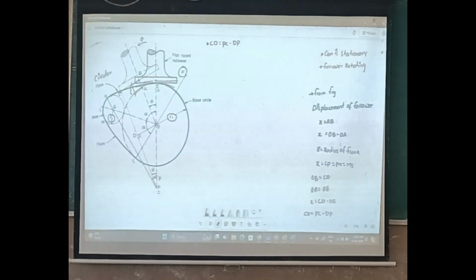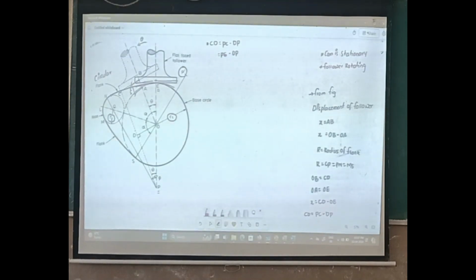Because E is a common point for both the circular arc and the base circle, and C is a point on the circular flank. So because of that, we are going to say that CP is equal to PE. So therefore, the modified equation is PE minus DP.